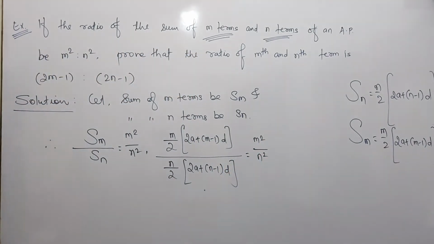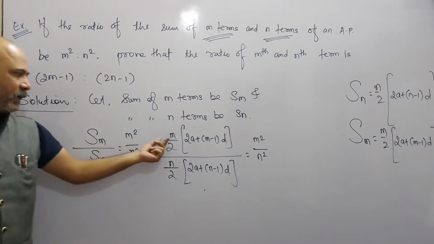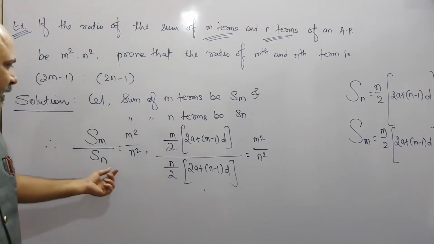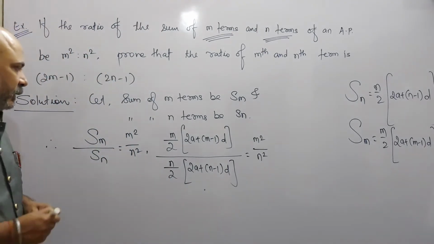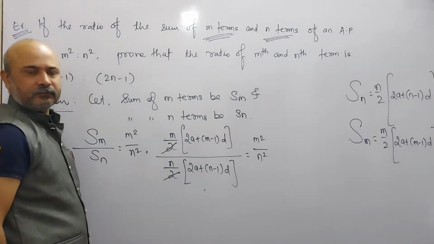Right? So the ratio of Sm to Sn is given to you, that is m square upon n square. Sm is m by 2, 2a plus m minus 1 into d, and Sn is n by 2, 2a plus n minus 1 into d. Now see, this 2 and this 2 cancel out.